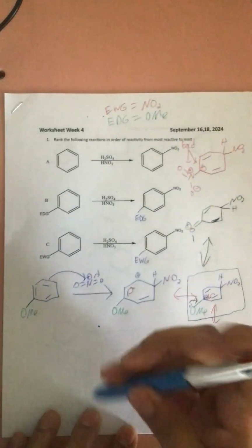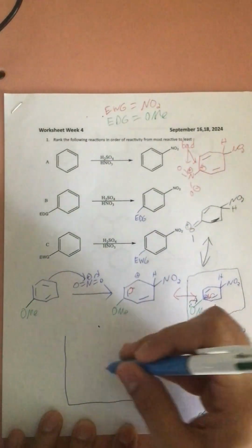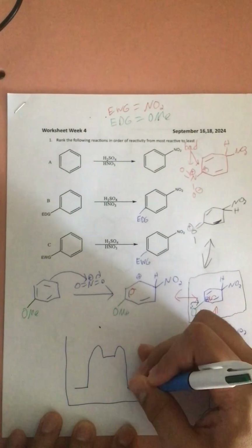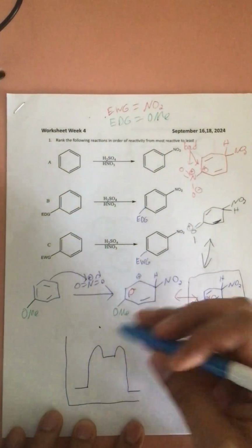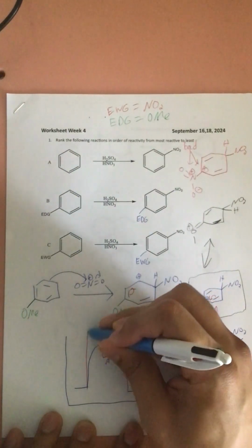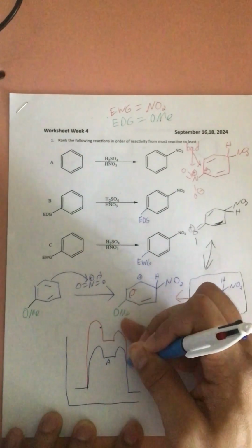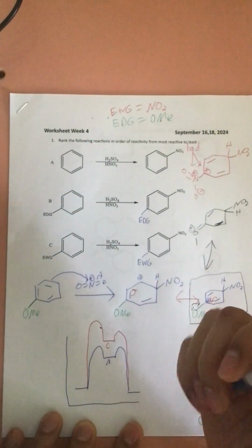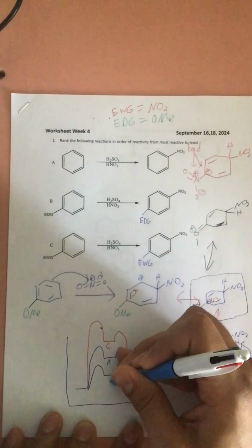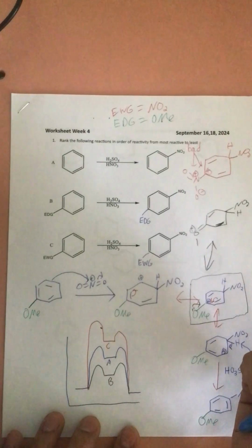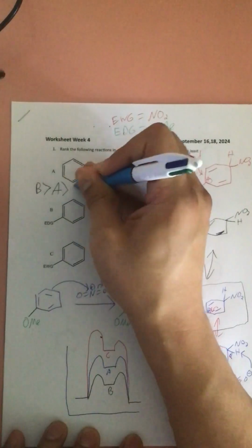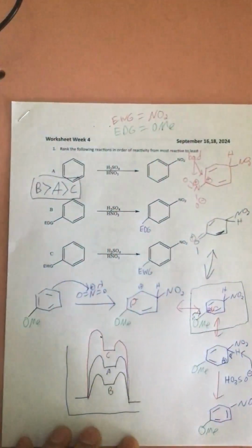So the way the energy diagram would look for this is that you would have A, which would be in blue. You would have C, which would be bad, higher in energy. And you would have B, which should be lower in energy. So the reactivity goes B is greater than A, which is greater than C. That's the way the reactivity would go.